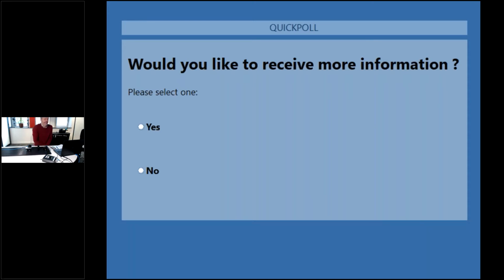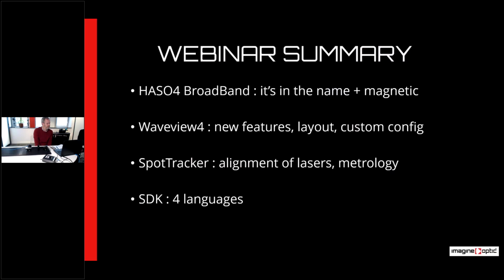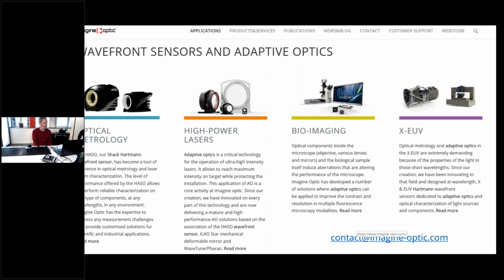You will also find information on Waveview4 by going to our website, which is imagine-optic.com. Here's the homepage. And feel free to contact us if you have any further questions.